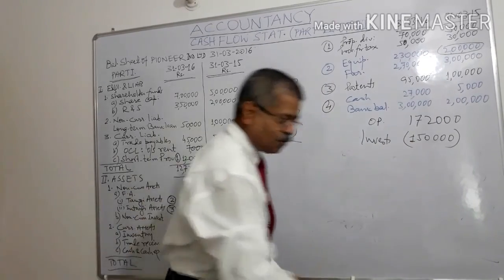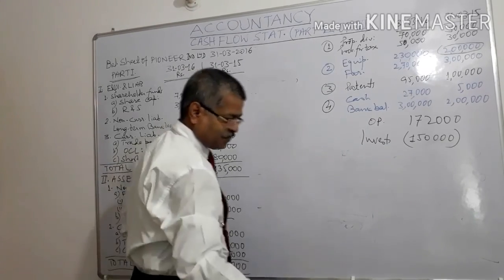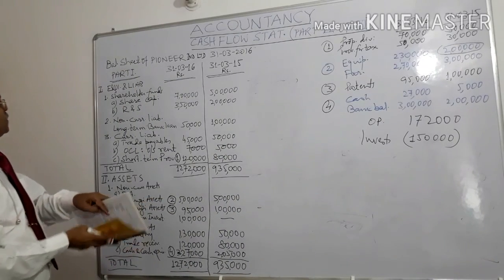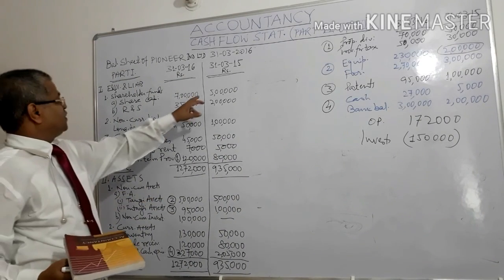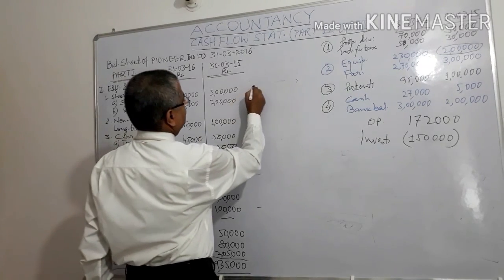Now we will go to financing activity, right? Financing activity, how do we get it? It's very simple. Share capital has increased from 5 lakhs to 7 lakhs.